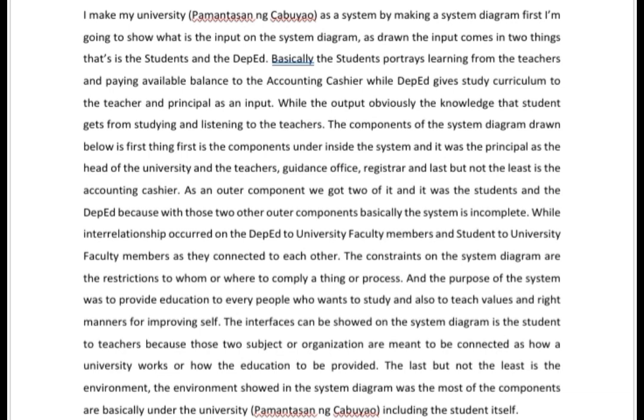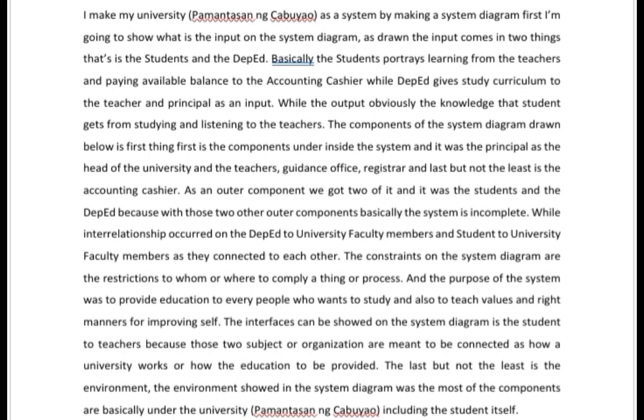That's why the DepEd to university faculty members. And the next one is the student to university faculty members as they are connected to each other para mag-work, para gumana yung bagay. They are the things that show the interrelationship about the system diagram about pamantasan ng Kabuyaw.